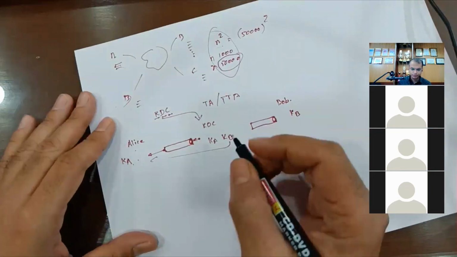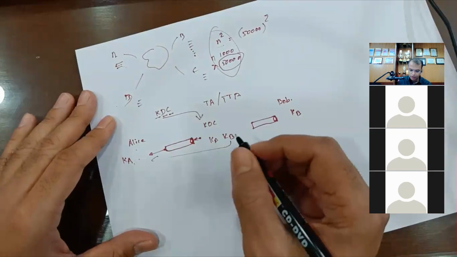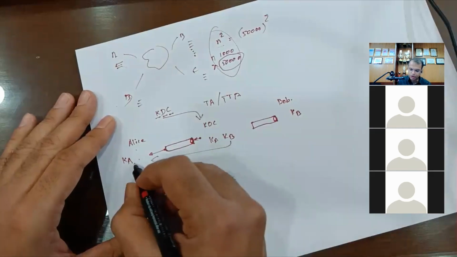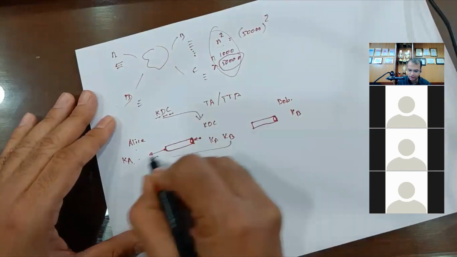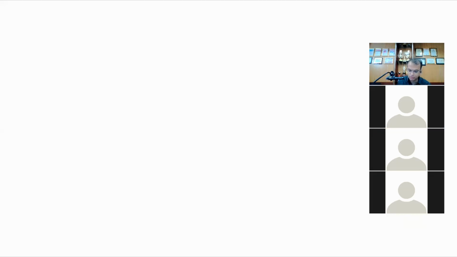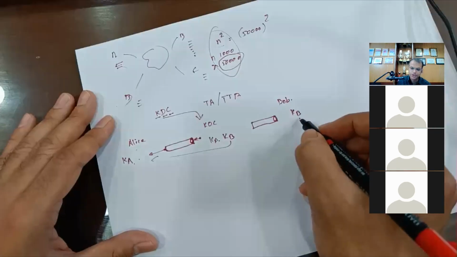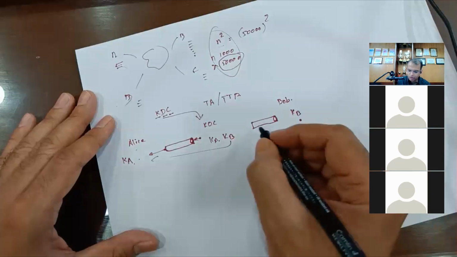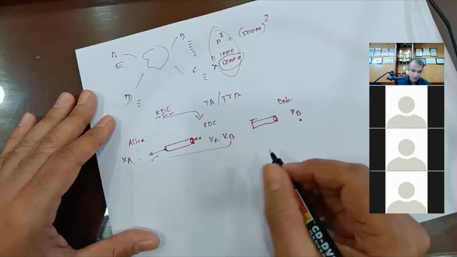So whenever Alice comes into the network, she will share her key with KDC. When Bob comes into the network, Bob shares his own key with the KDC.